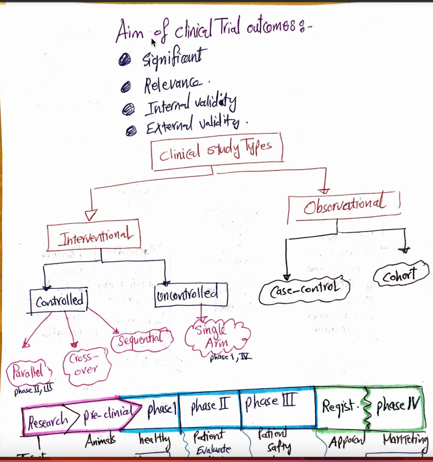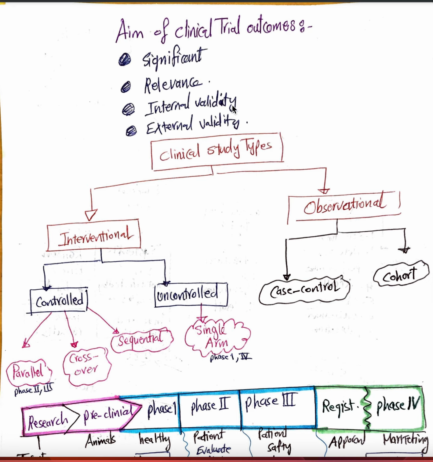But here I said aim of a clinical trial's outcomes. I mean the results of a clinical trial should be significant, relevant, with internal validity and external validity. Significant means they have an effect, and relevant means they are relevant to the goal of the clinical trial, like treatment of a cancer or something.